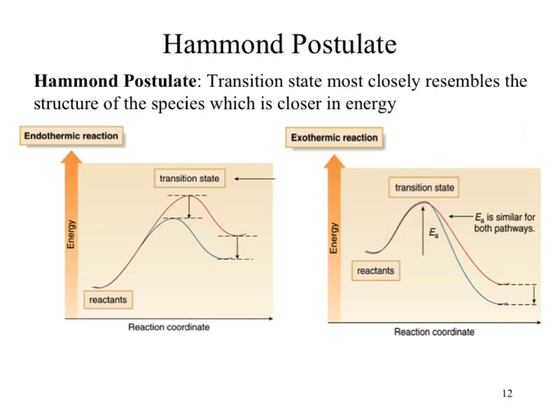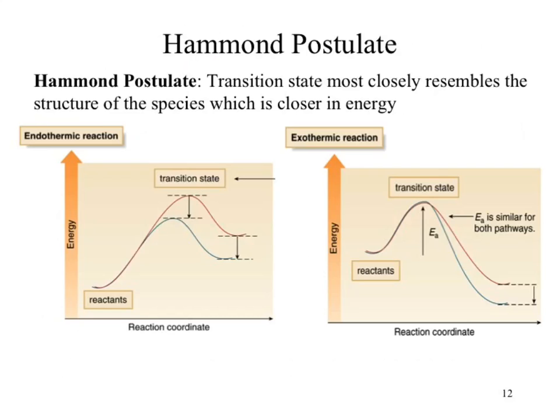Okay? Keywords, literally I promise it's just 2 slides and I only need 30 seconds. There's this thing called the Hammond postulate. What that's saying is that the transition state for your reaction is closest to the reactant or product that is closer in energy to it. Sounds kind of confusing, but if we shift to an energy diagram, we take a look at an endothermic reaction.